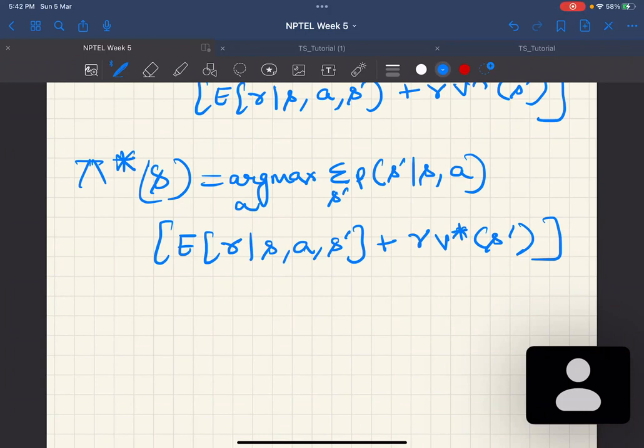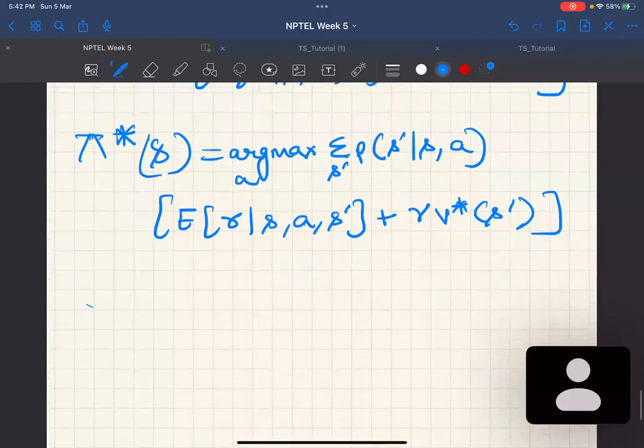Basically, I'll get the optimal actions when I perform this pi star of S. The main motive is to get the maximum reward, maximum return with this particular action. So I can say it like this. Or I think let it be.